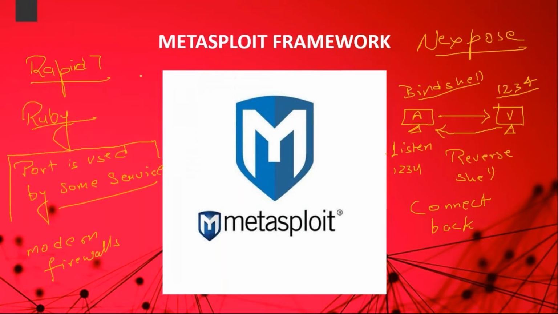Now we are talking about reverse shell and bind shell. What is shell basically here? Which shell are we talking about? Guys, we have a shell in Linux as well. Shell is nothing but an interface. Shell is an interface between the user and the kernel.